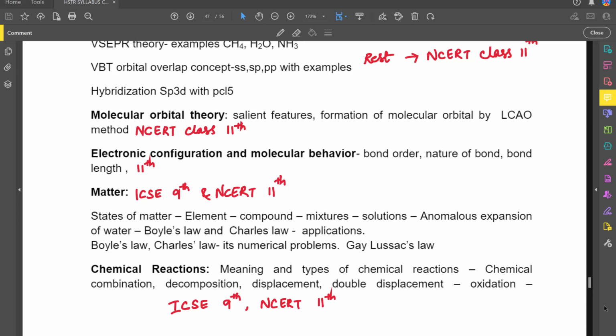But because this is an easy chapter, they may ask some twisted questions. So better to go for the NCERT 11th textbook, and I would suggest you to focus on laws. What is Boyle's law, what is Charles' law, and what is Gay-Lussac's law. Try to solve problems based on them also. Okay.